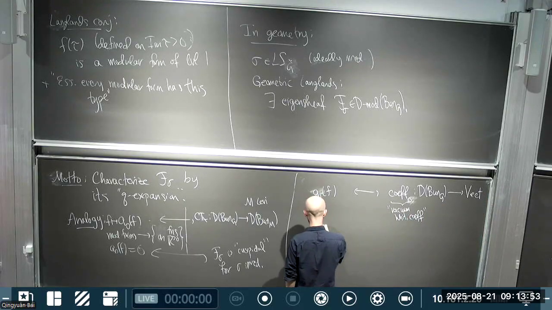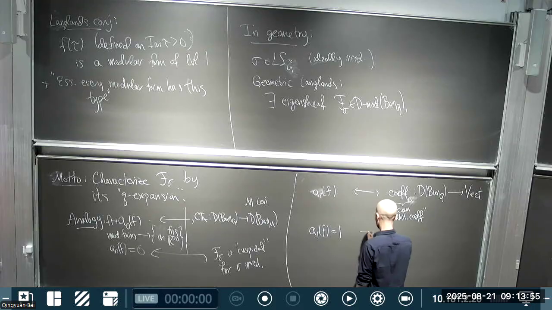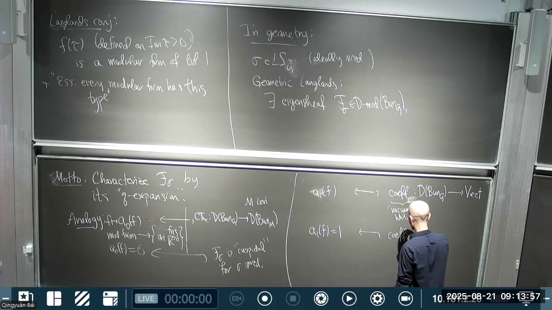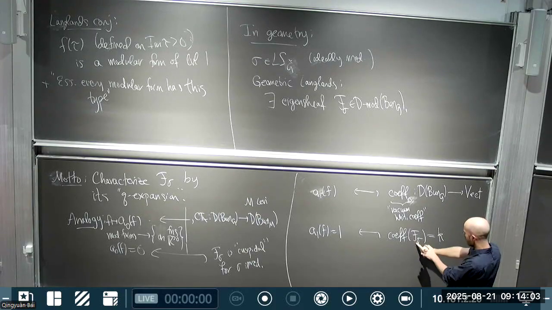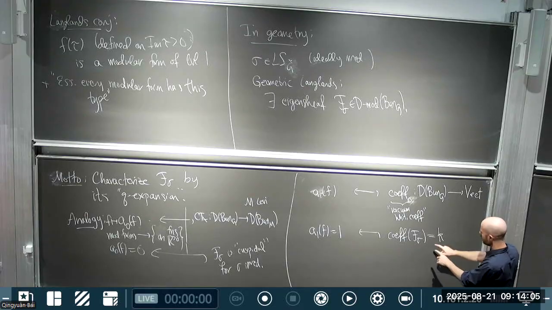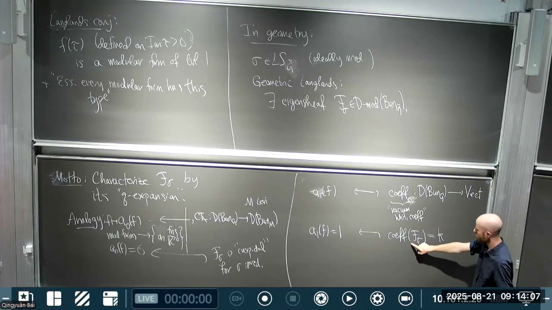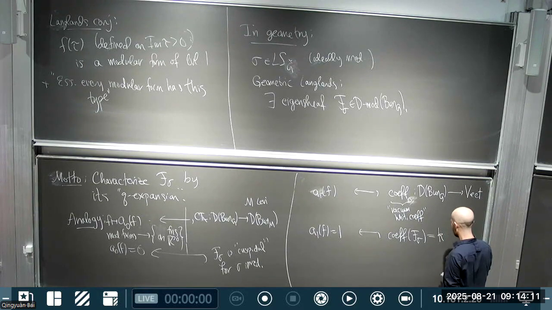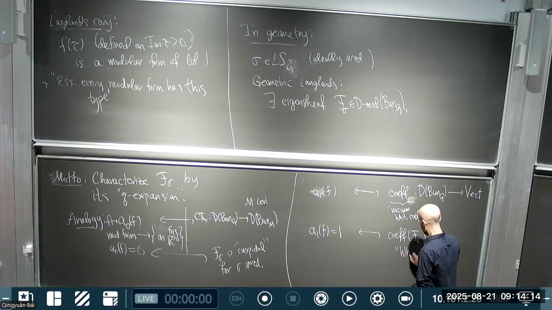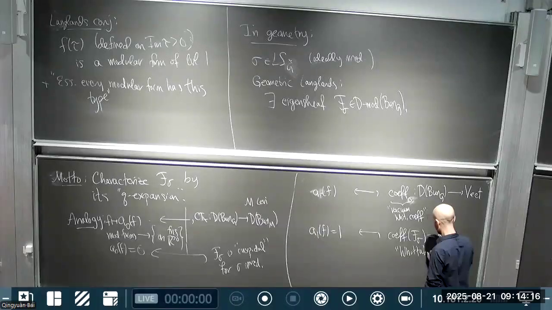Now this condition that A1 of F is equal to 1 is going to get reflected in a condition that the object F sigma I want is going to be equipped with an isomorphism between its Whittaker coefficient and K. I'm going to fix that once and for all. So this is what we call the Whittaker normalization.